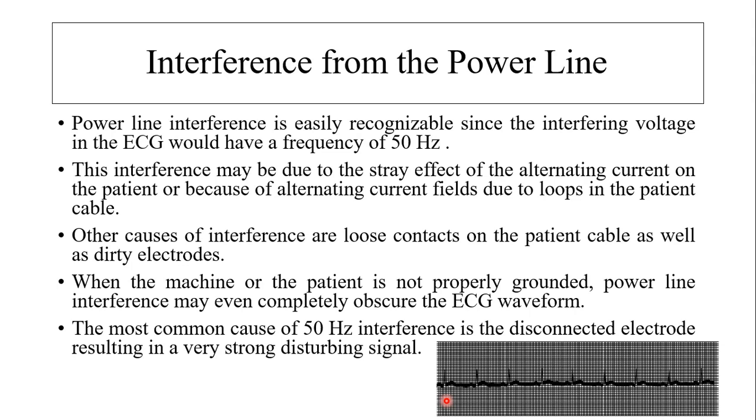If the patient cable is not correctly connected from the machine to the patient, this artifact occurs, or if the electrodes are not connected correctly, or the gel is not applied to the electrode correctly. There are many reasons for this, as I mentioned here.